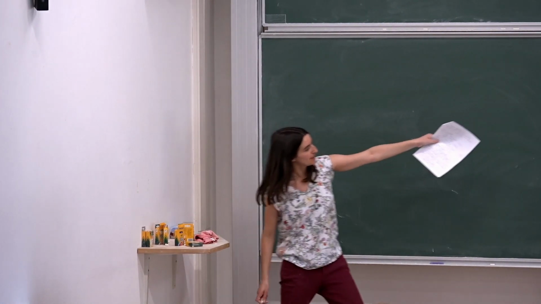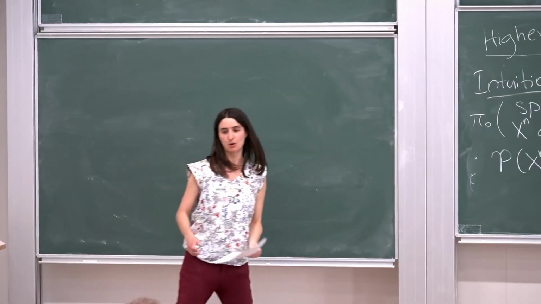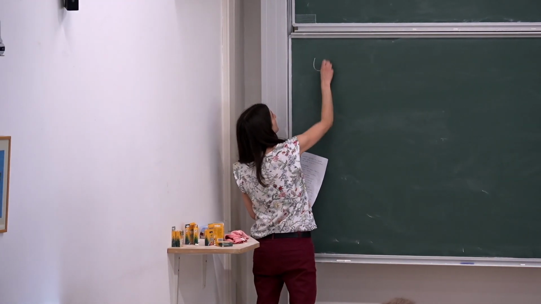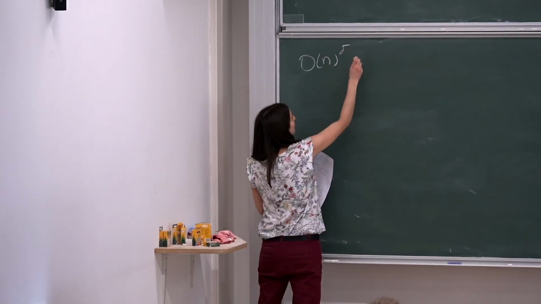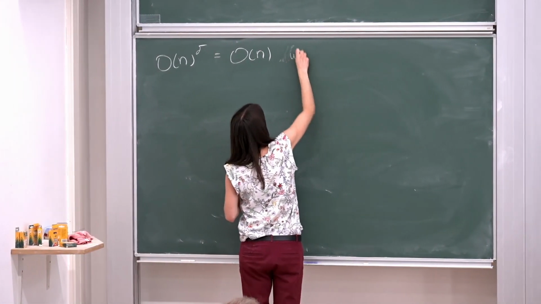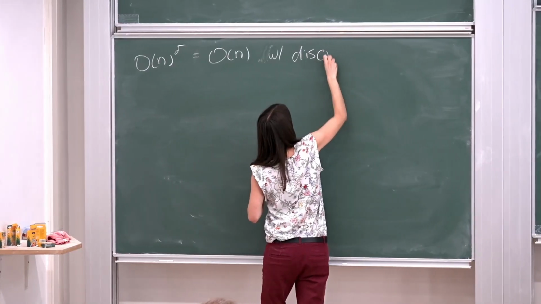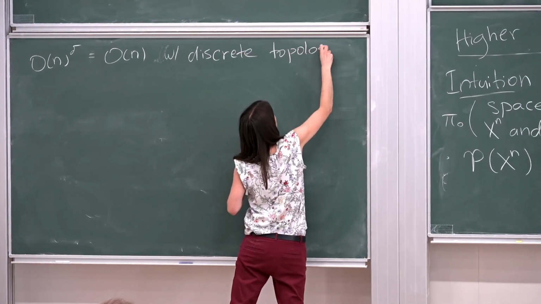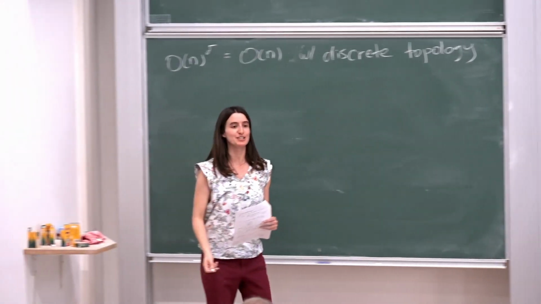Okay, so let me explain the terms that show up in this theorem. Here, this O_n delta is O_n with the discrete topology. This is very unfortunate but unavoidable.